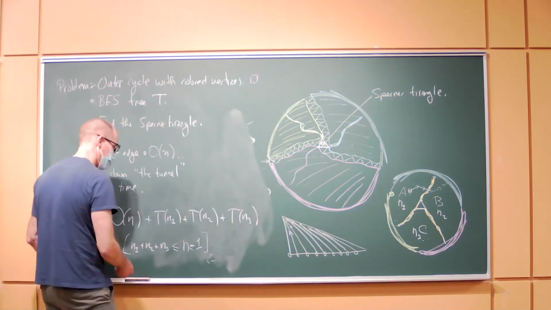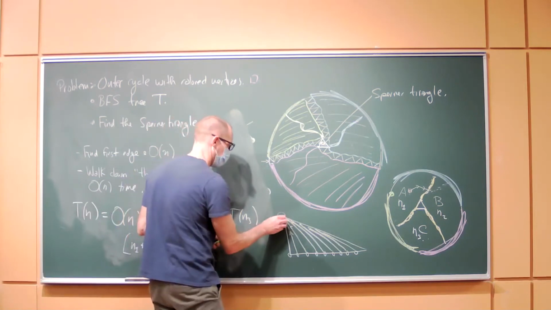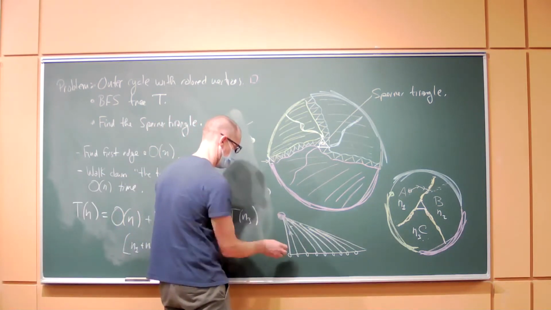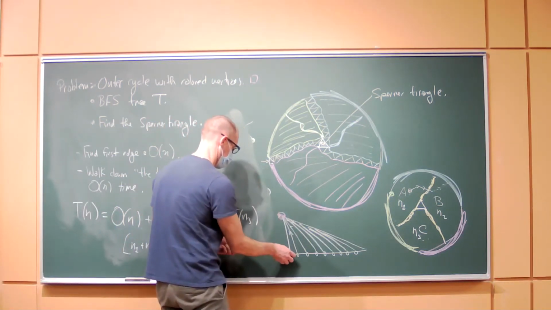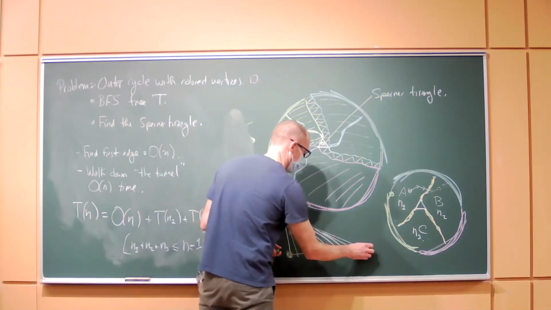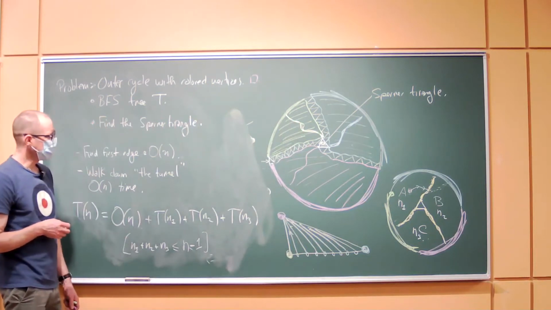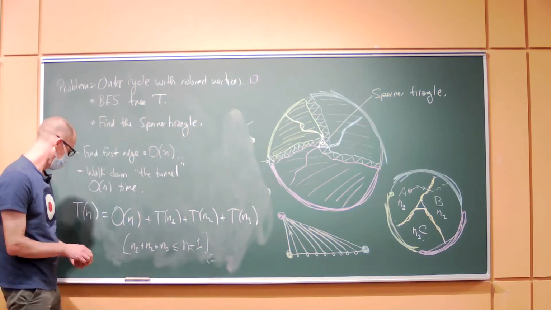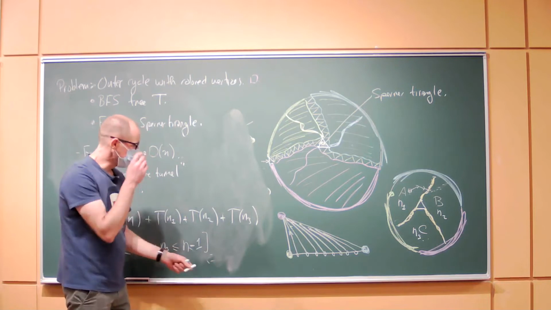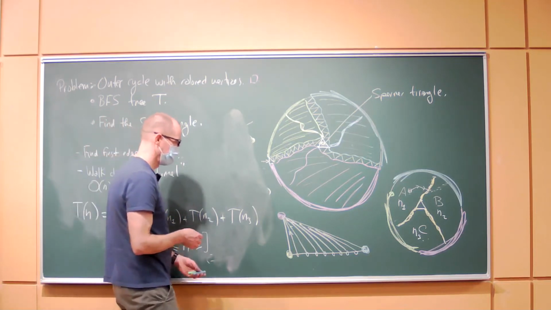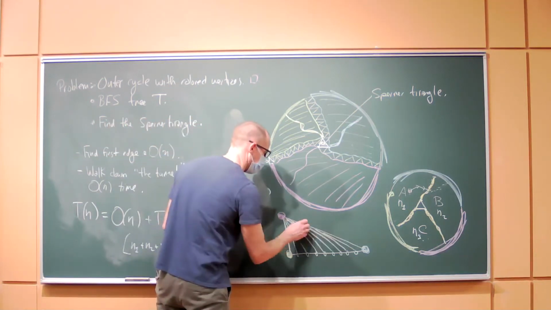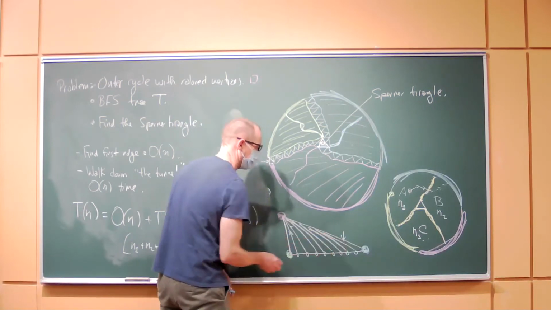Your outer face has 3 colors. So I need to find a tunnel to walk through to look for my Sperner triangle. And so I walk through, well, here's a tunnel right there.